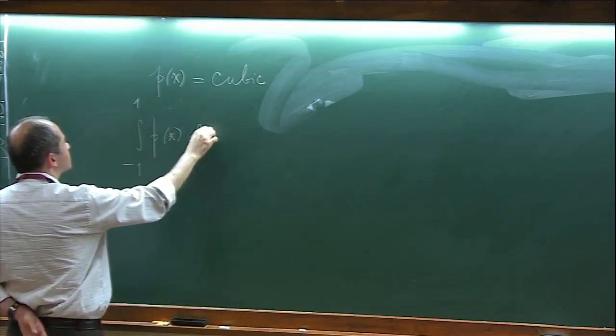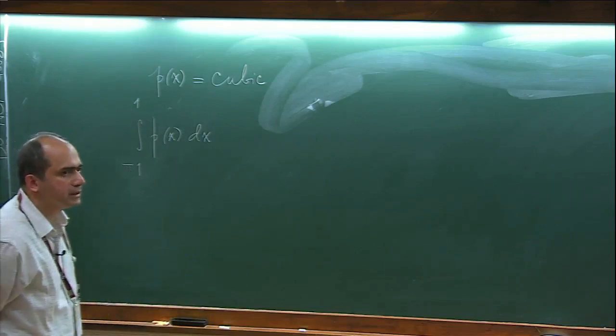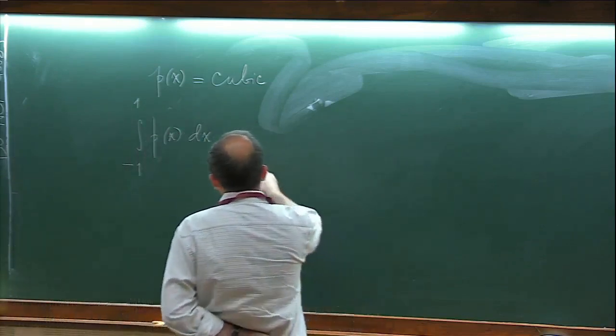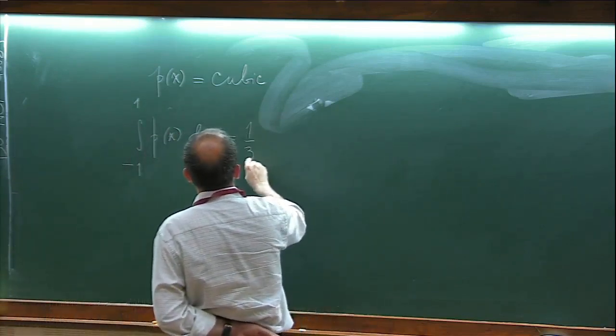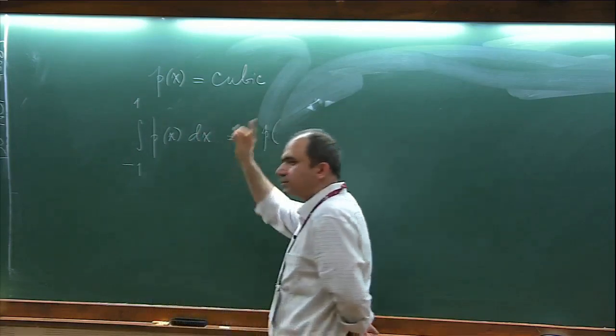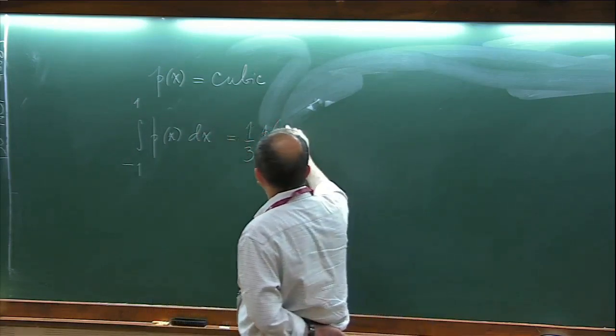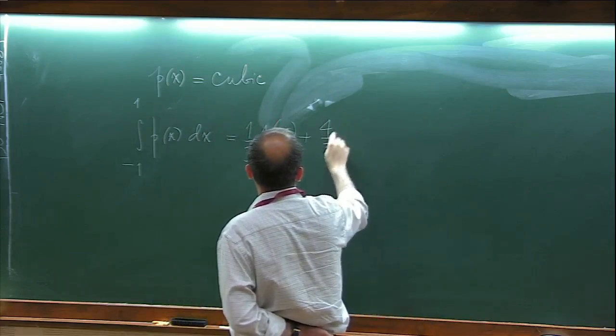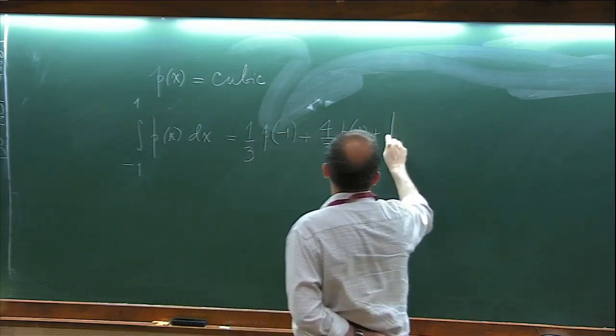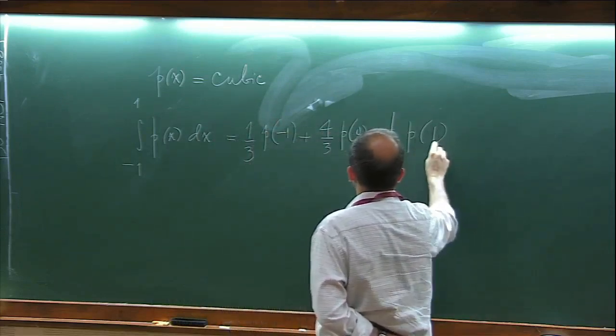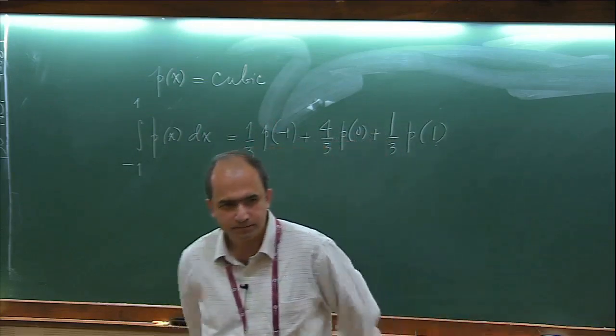If you integrate this cubic from -1 to 1, you can actually get the answer just by evaluating this cubic at 3 points. This is p(-1) plus 4/3 p(0) plus 1/3 p(1). And this is an exact formula.